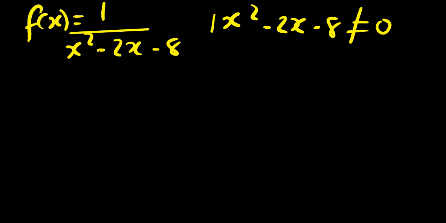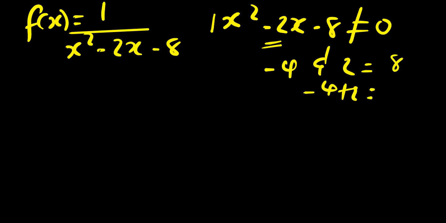If we say 1 multiplied by negative 8, that is negative 8. We look for two numbers that when we multiply them give us negative 8, but when we add them give us negative 2, and that is negative 4 and 2. Multiplied they give negative 8, and added they give negative 2, which is our sum in that case.